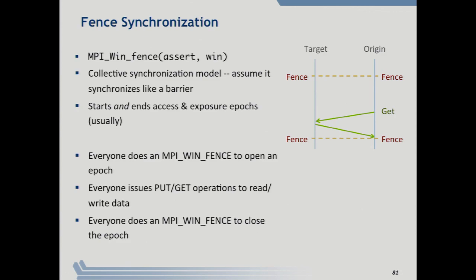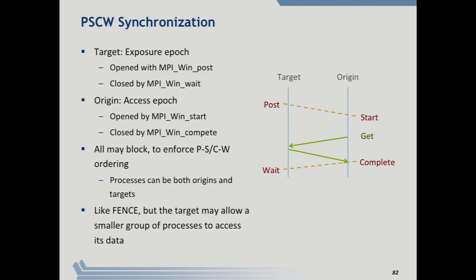Okay. The post-start complete wait is fairly similar in the sense that I can start issuing RMA operations, and then I can have those operations complete. And on the target, I post my window so that it can be accessed, and then I wait for those accesses to complete.